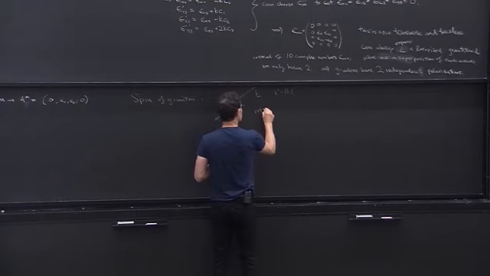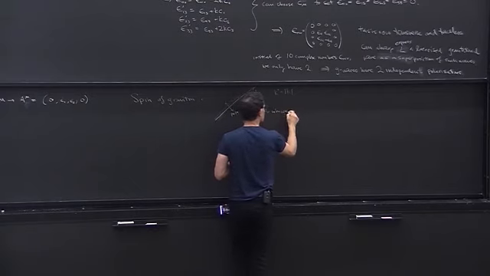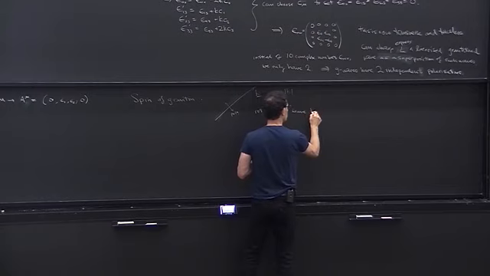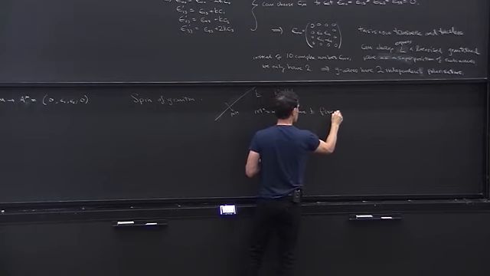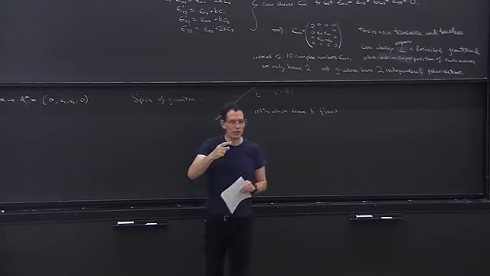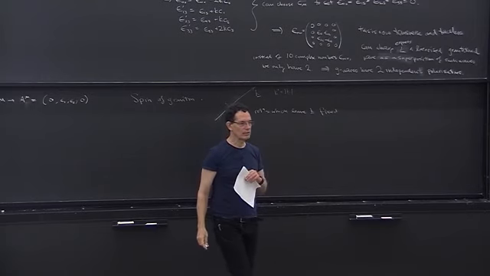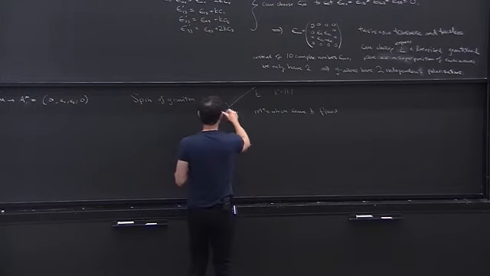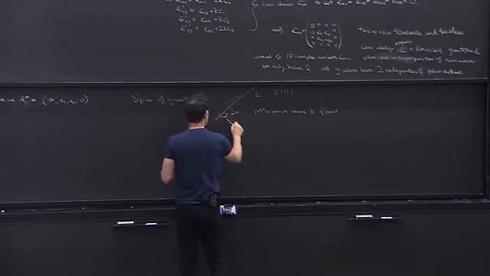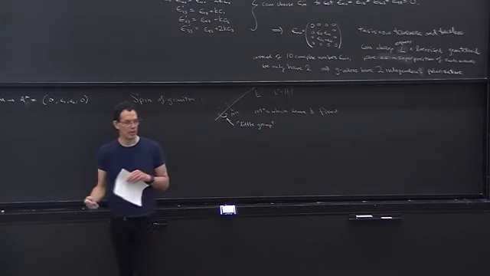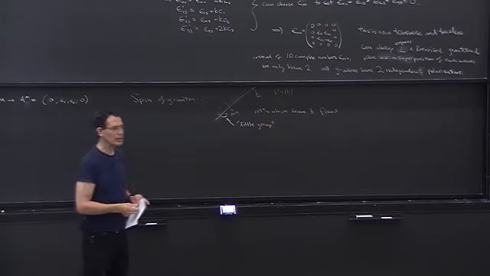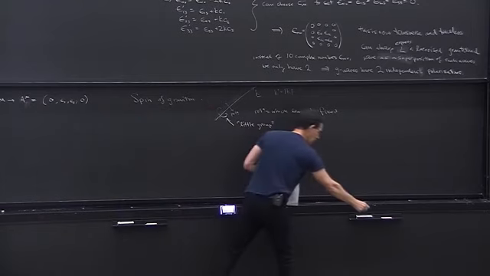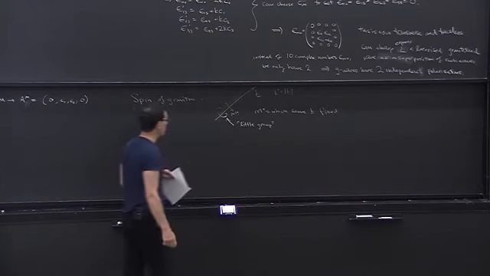So what is that group? Are there any rotations I can do which leave the direction unchanged? What are they? Rotations around k, right? I can do rotations around k. This is called the little group. The language was introduced by Wigner, who was probably the leader of introducing group theory into physics.